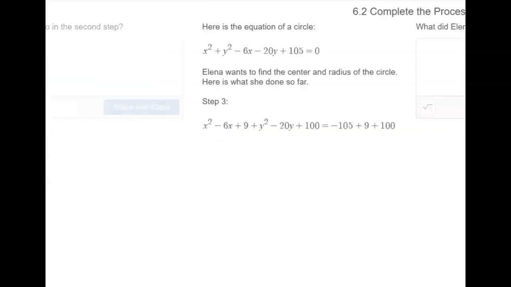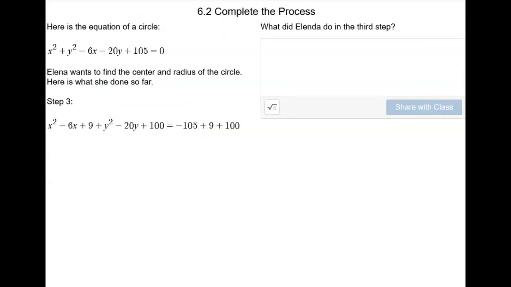All right, so the next step that Elena took is she filled in these pieces right here. We want to know how she got these numbers. We initially had this, and she took those squares and she put numbers in them.